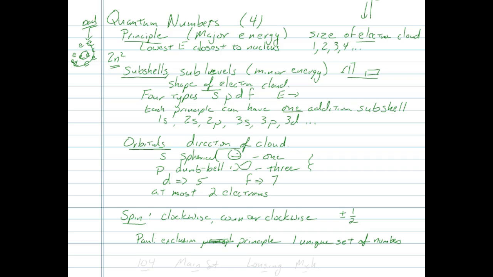It would have to be a negative 1/2. Now, you can have more than one being different. You can have all 4 being different, but you cannot have all 4 being the same.